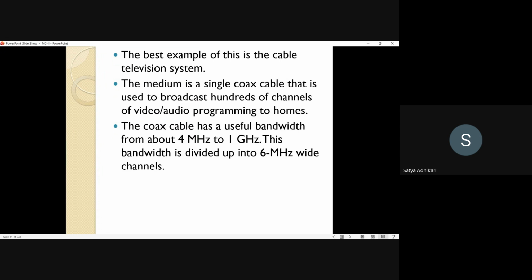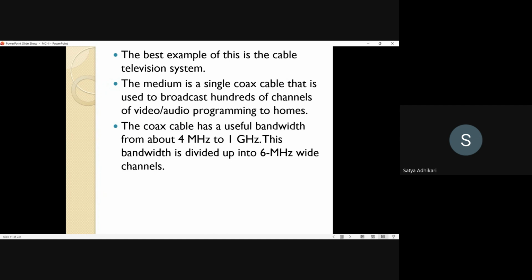The medium is a single coaxial cable that is used to broadcast hundreds of channels of video and audio programming to homes. So that is a single cable, but it is capable of broadcasting hundreds of channels of video and audio programming to the home television.